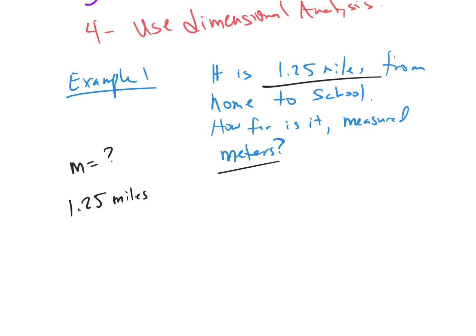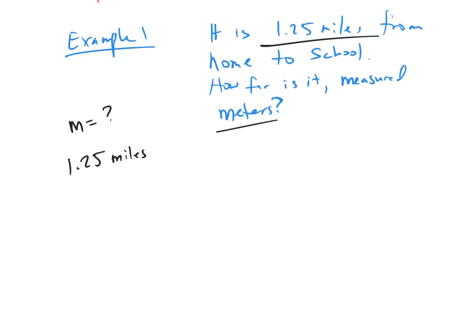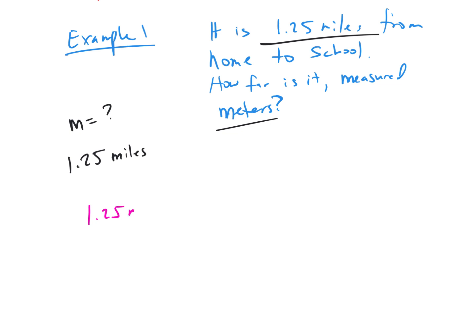Now, what's my third step? Start with what we know. 1.25 miles. Do I want miles in my answer? No. So it better go down there to cross cancel. And I know miles to what? How many? Don't know the exact number? I would only use what you know. If you don't know it, what should you do? Google it, right?